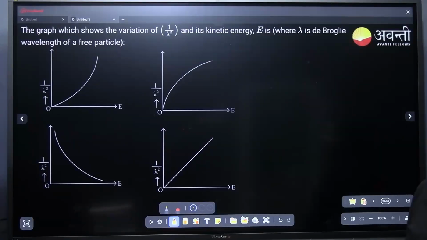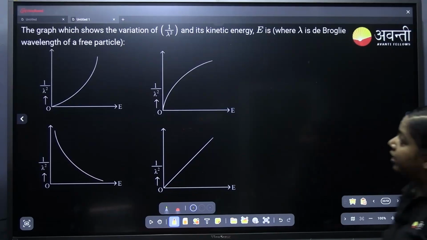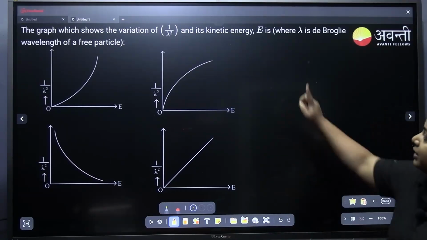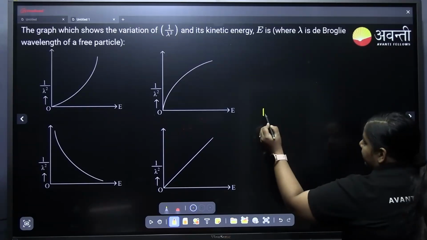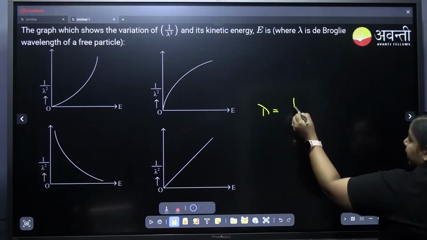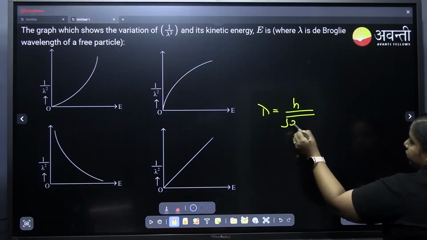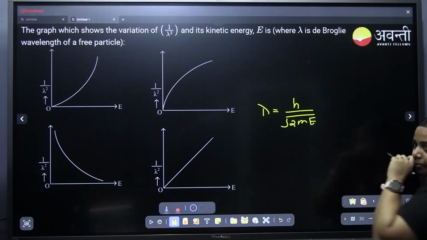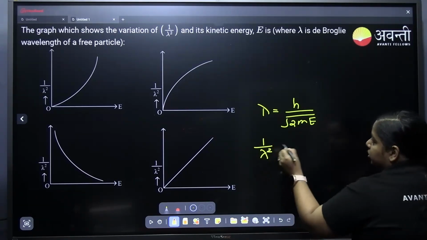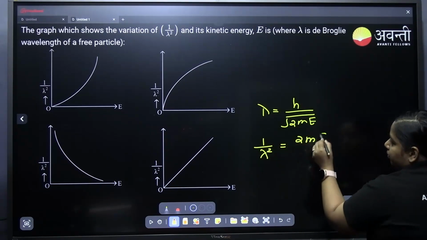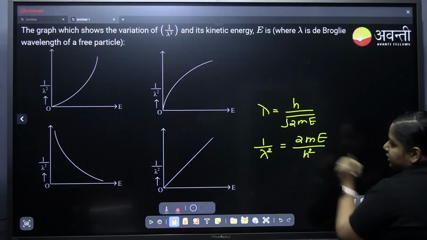Next one: the graph which shows the variation of 1 by lambda square and kinetic energy E, where lambda is the de Broglie wavelength of a free particle. So, kinetic energy E and 1 by lambda square. Lambda is equal to h by root 2mE. So 1 by lambda square will be 2mE by h square.